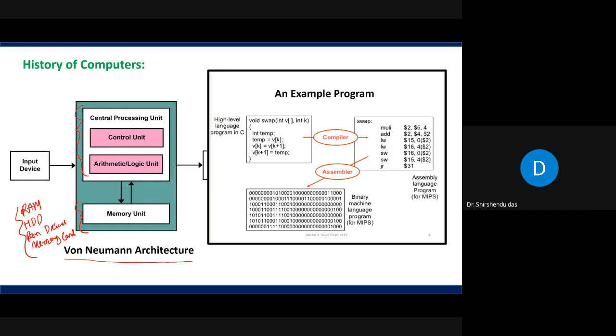For each memory device, the technology or mechanism used to store 1 bit of information is different. If I go for RAM, how to store 1 bit of information is different. If you go for a hard disk, the mechanism to store 1 bit is different. The only difference is how you are storing 1 bit, because every piece of information is stored in memory in the form of bits only, 0 and 1.